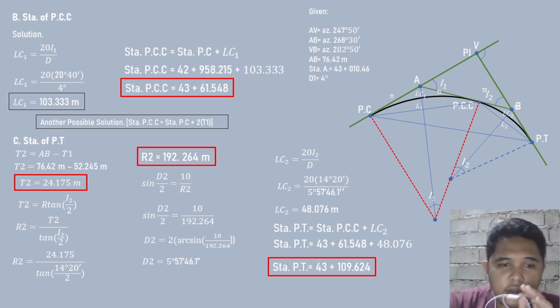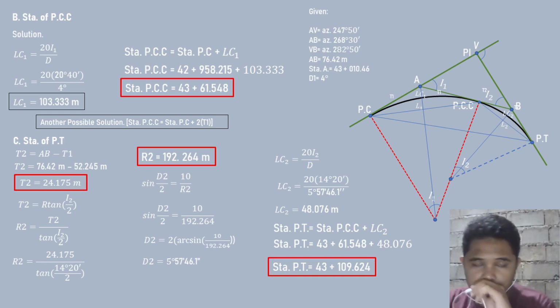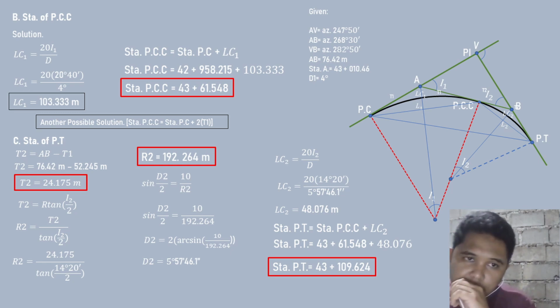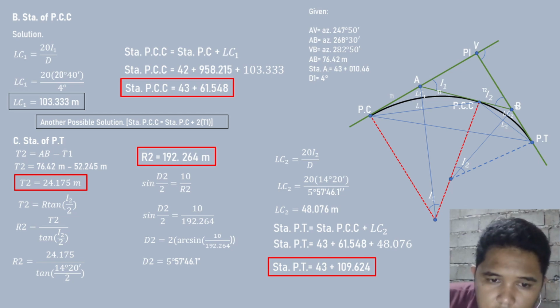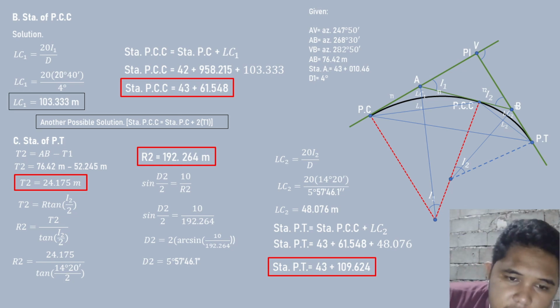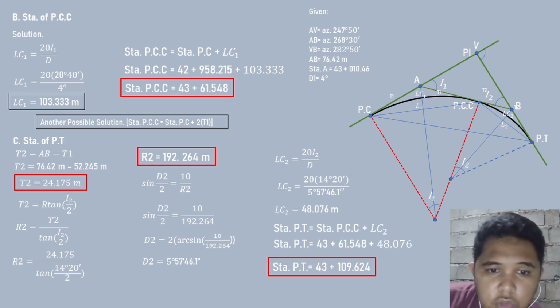And then, using chord basis, same as in the first part, but this time we will find the degree of curve so that we can utilize the formula for the length of curve for the second curve. The formula for the chord basis is sine of d2 over 2 is equal to 10 over the second radius.